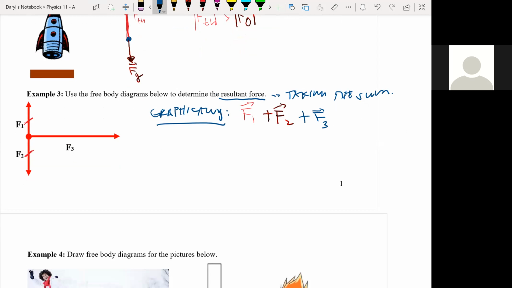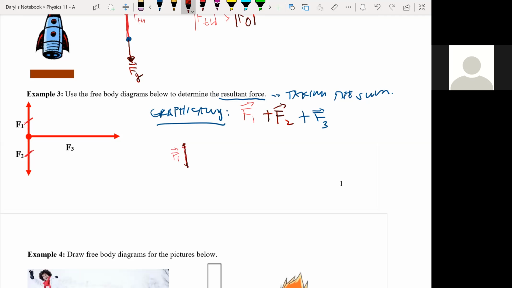If you can see here, these are bold letters, because some other books, instead of using the arrows on top, use bold letters to represent a vector. But that's quite hard to write down here, so I use the arrow notation for vectors. So if you're adding, you go up, so F1. But if I'm going to add the vector F2, I start drawing it from the tip of my F1 and then downward.